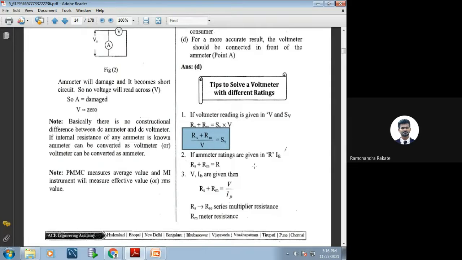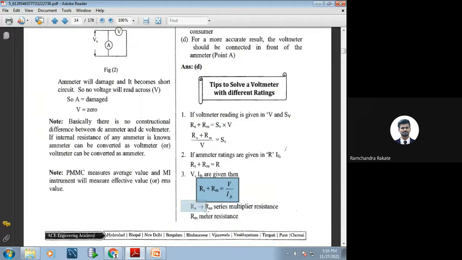If the ammeter reading is given in R and the full scale deflection current is IFS, in that case RS plus RM is equal to R. If V and IFS, that is full scale deflection current and voltage, are given, then RS plus RM is equal to V upon IFS.